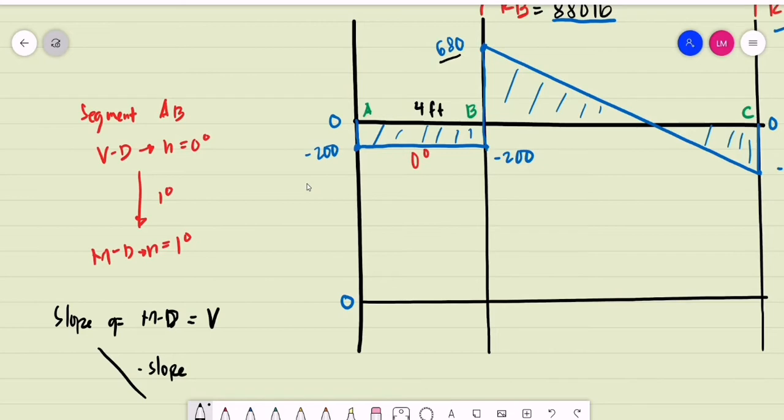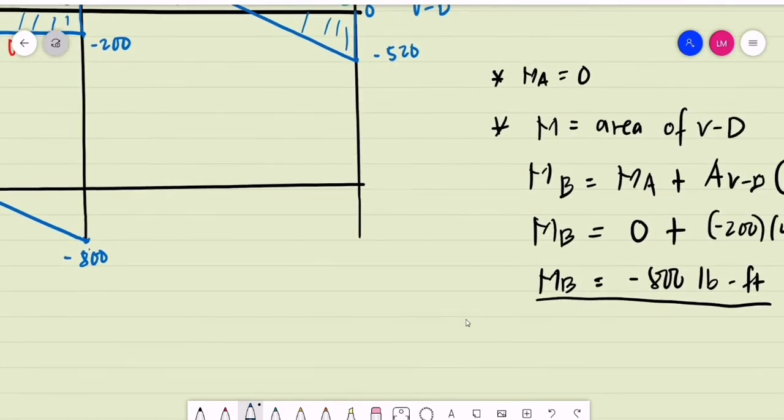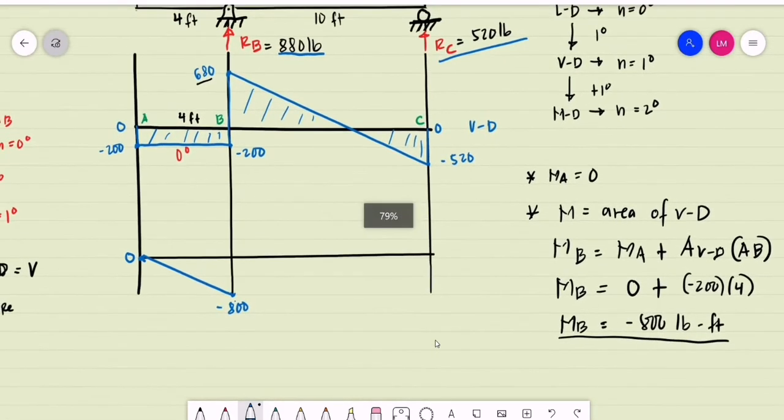So that is from 0 to the moment at point B. The moment at point B is equal to negative 800 pounds-foot. So from our moment equation, we just compute the area of the shear diagram for segment AB. That's negative 800.